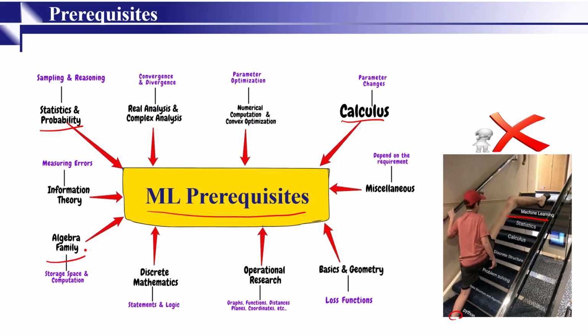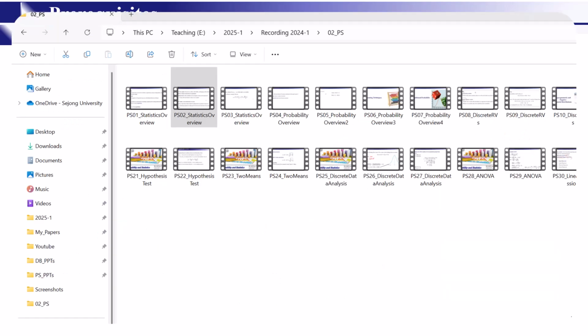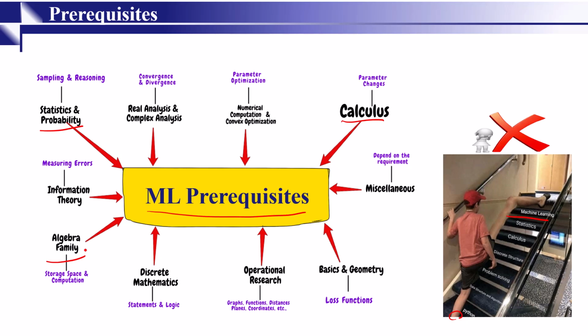The algebra family includes linear algebra, which is vital for understanding vectors, matrices, and operations like matrix multiplication used in neural networks and dimensionality reduction like PCA. It also covers other algebraic structures relevant to machine learning.